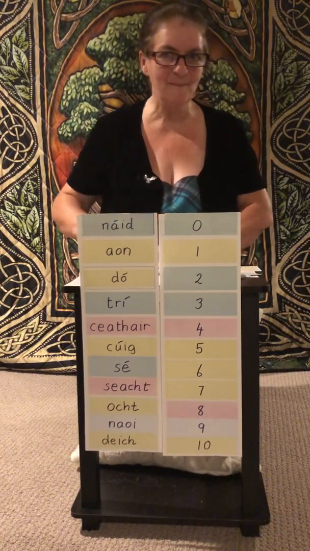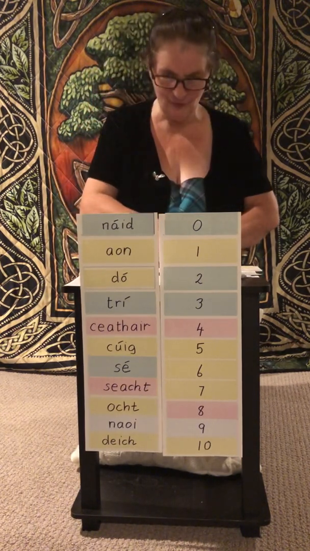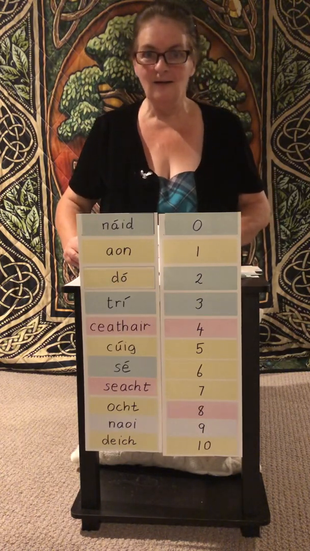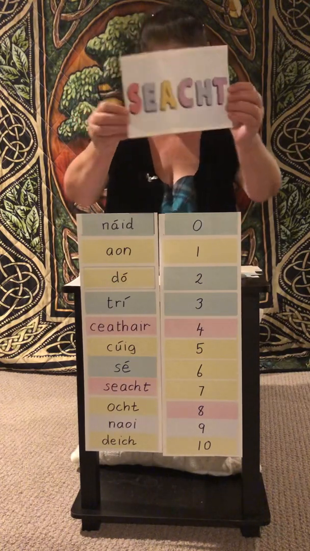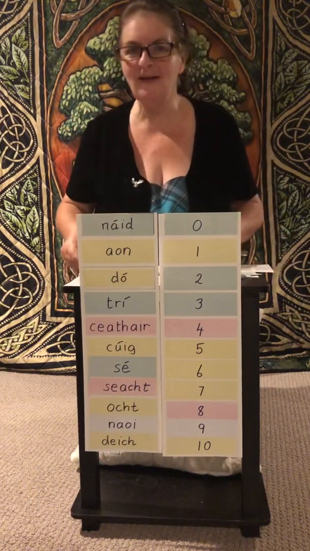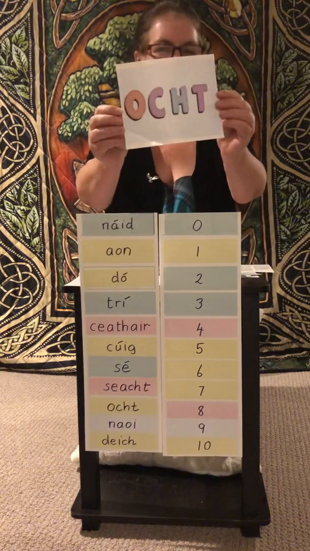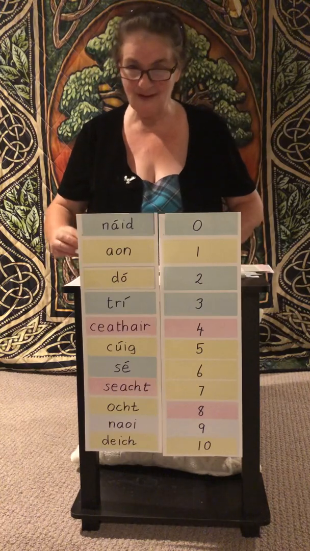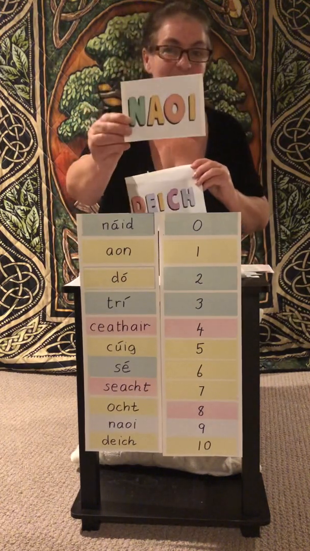Guy's name. Shay. Do you remember number 7? You forgot? I am shocked. Schacht. Do you remember 8? Like an octopus. Ocht. And the ones we started with, because I need to remember them.